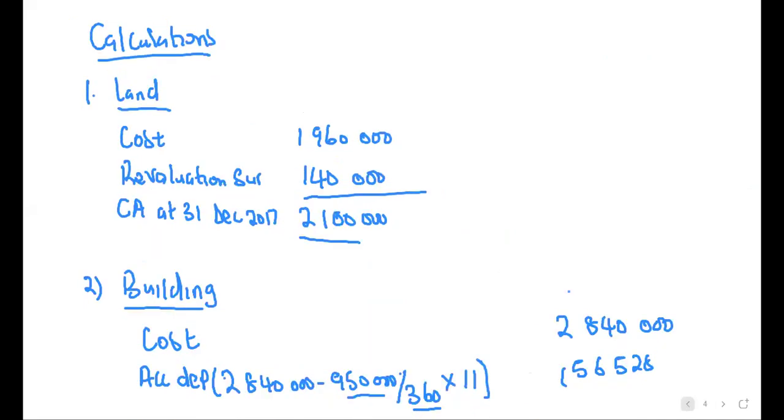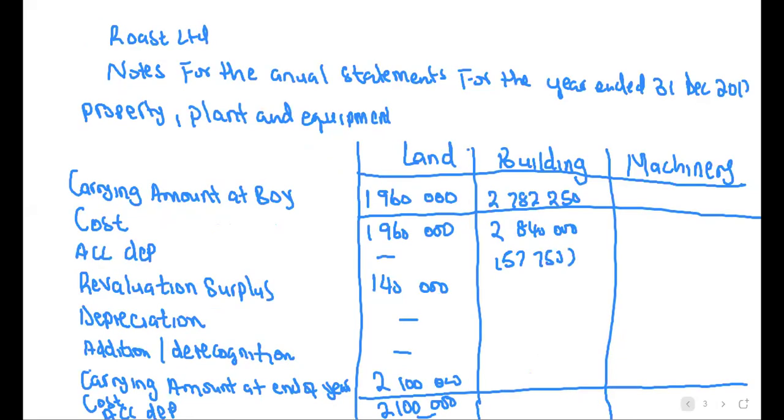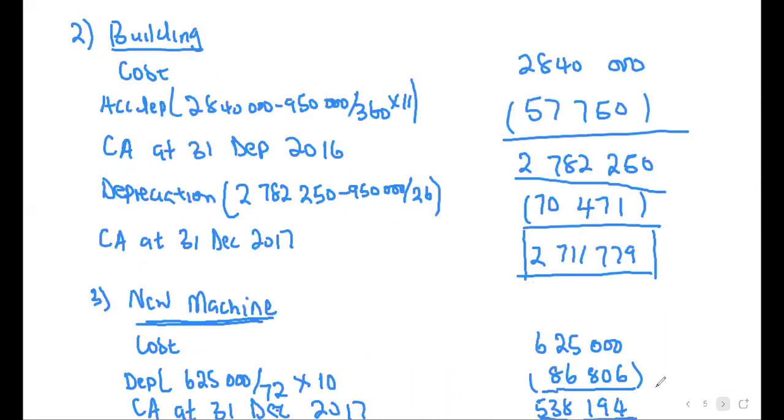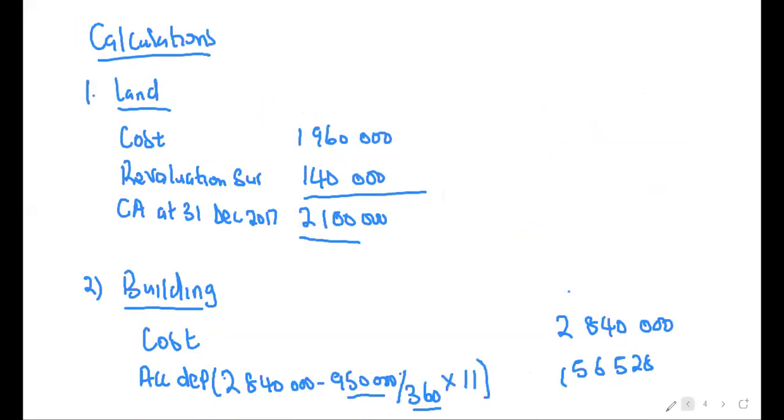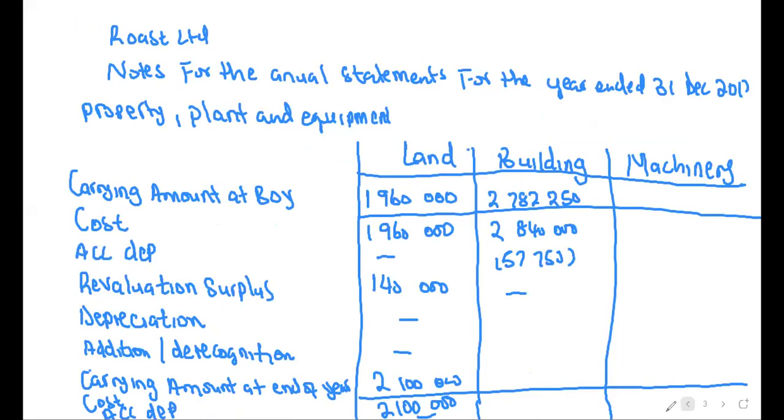Then while we are under the building, there was no revaluation surplus for the building. Depreciation for the year is 70,471.